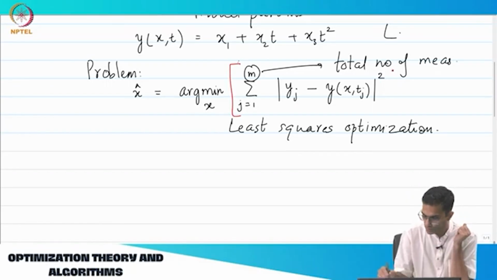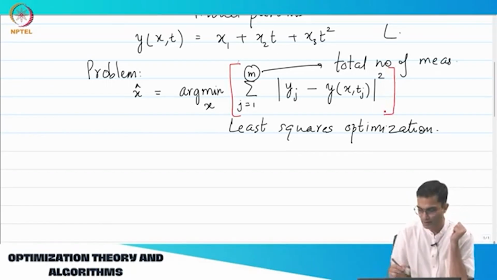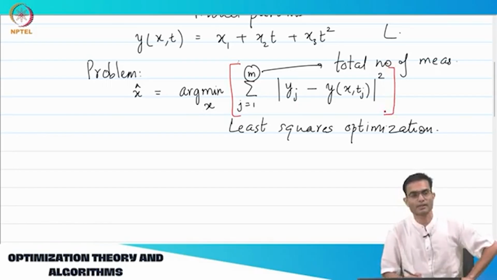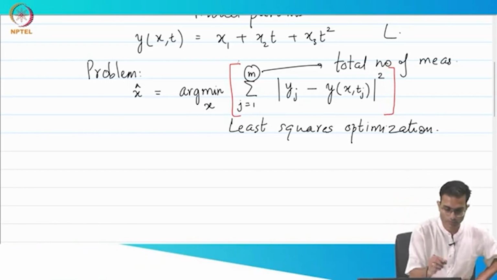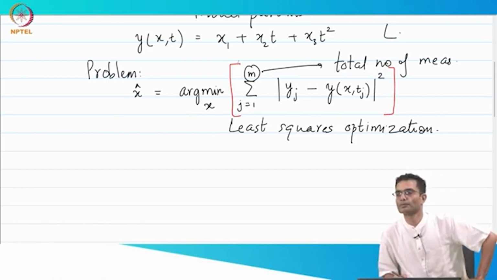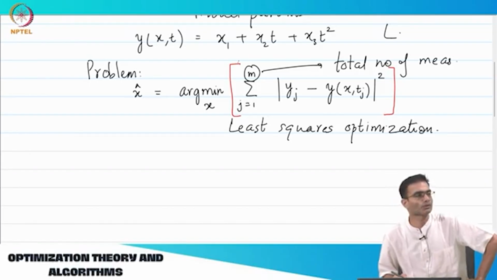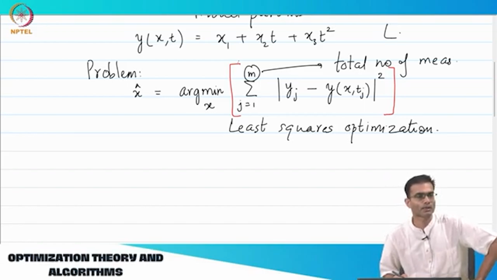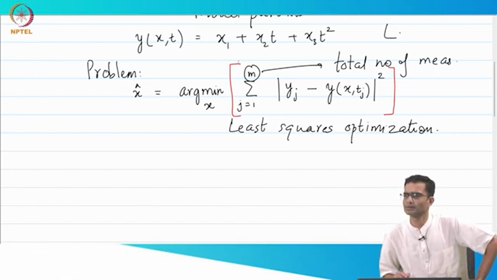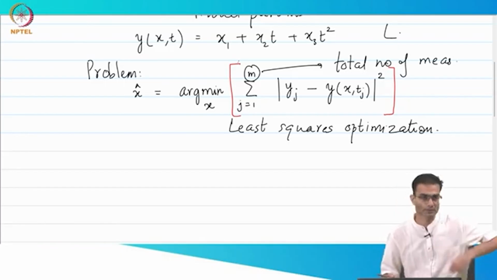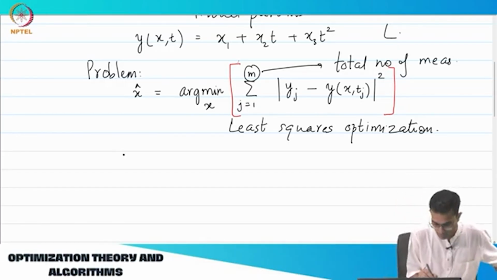Is there a common word that we use to denote the expression inside this red bracket? In the optimization world, what do we also call it? Not quadratic, a general word. Objective function. Objective function, or another very common word is cost function.